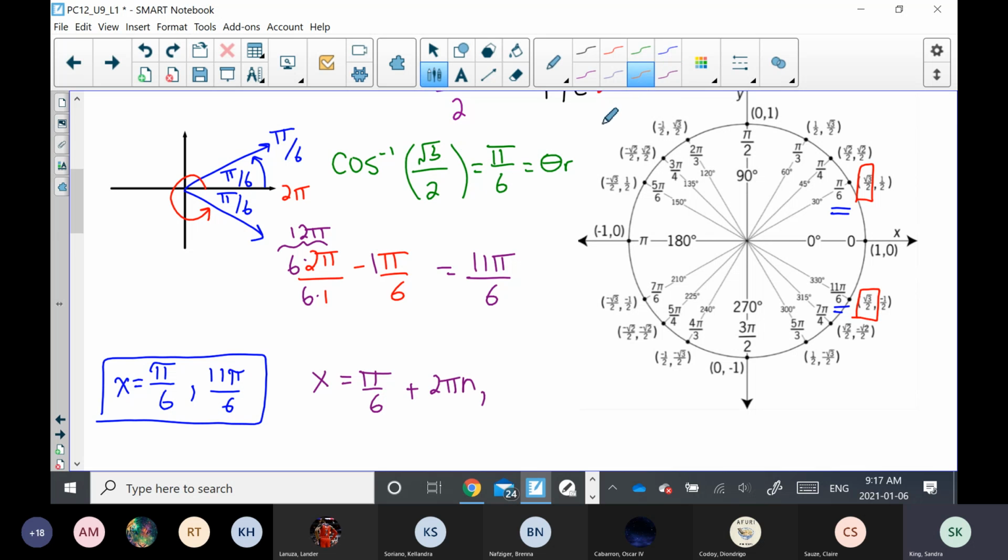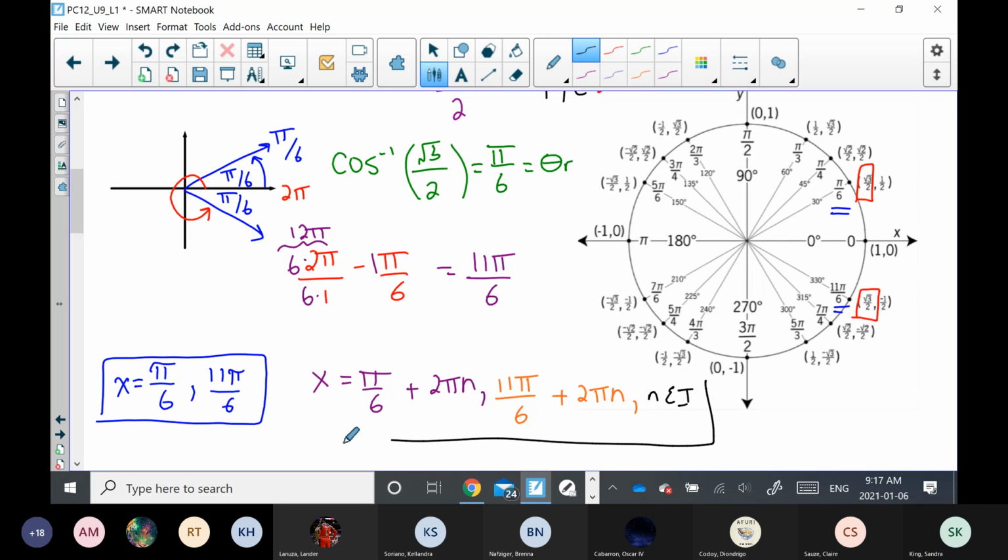I'm going to take my second solution, which was 11 pi/6, and to turn it into a general solution, I simply add 2 pi n. And then at the very end, I just say n is an element of the integers. And that's how I would write my answer as a general solution.